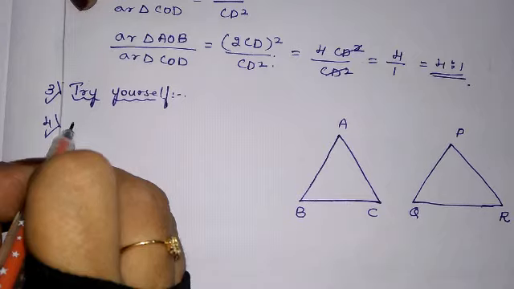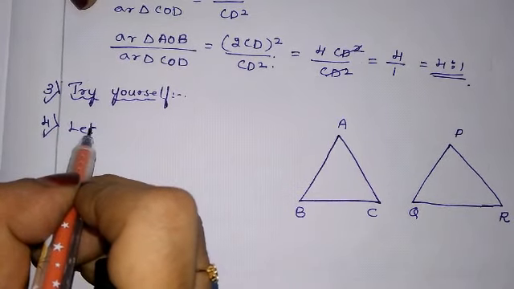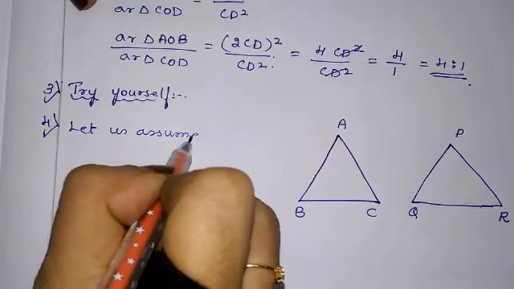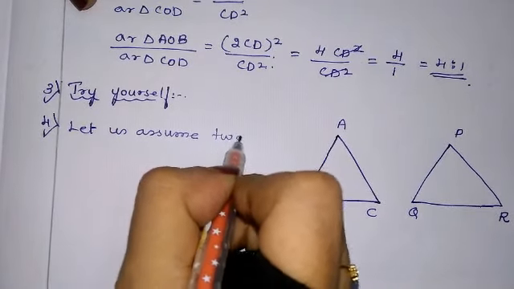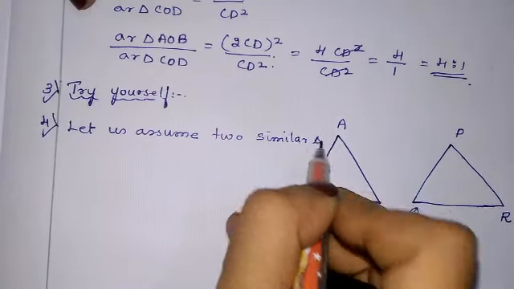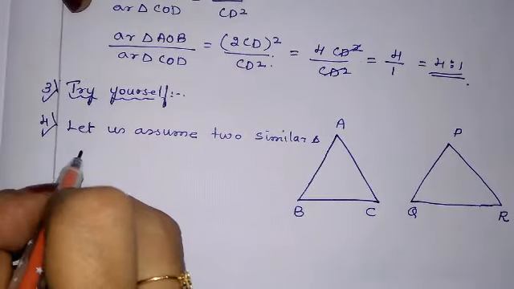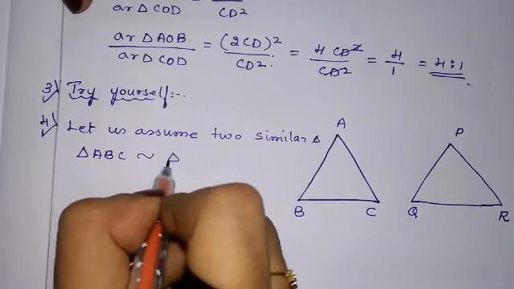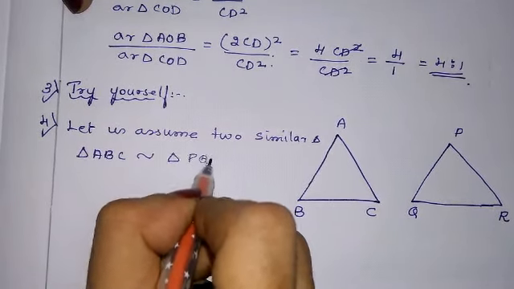Okay, let us assume, because this is our assumption. The statement was given. Let us assume two similar triangles: triangle ABC is similar to triangle PQR. It is given.